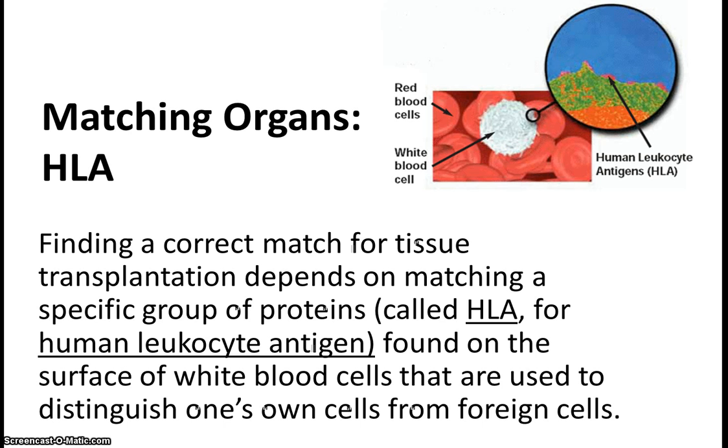These are found on the surface of white blood cells that are used to distinguish one's own cells from foreign cells. So in the picture up here, you can see that we have a white blood cell there, and on the surface of that is a protein.